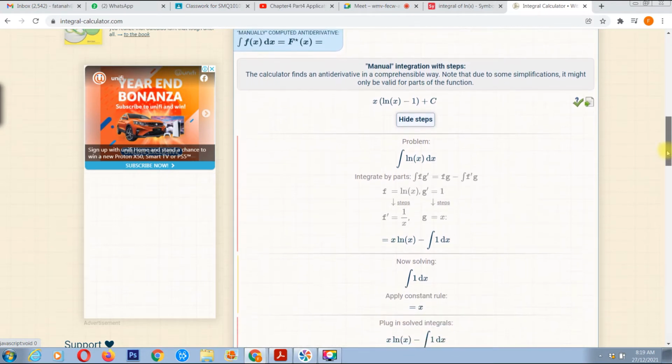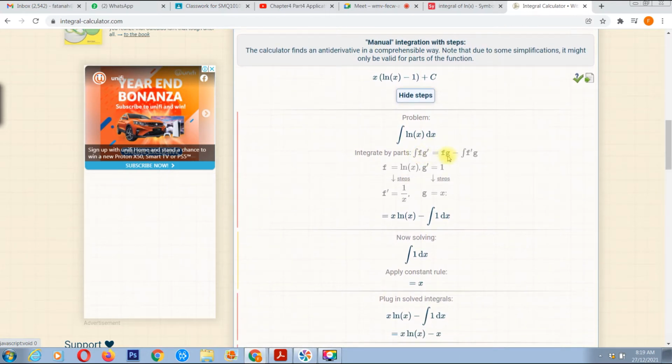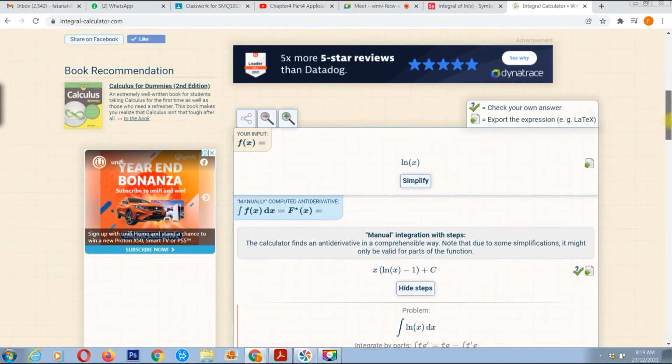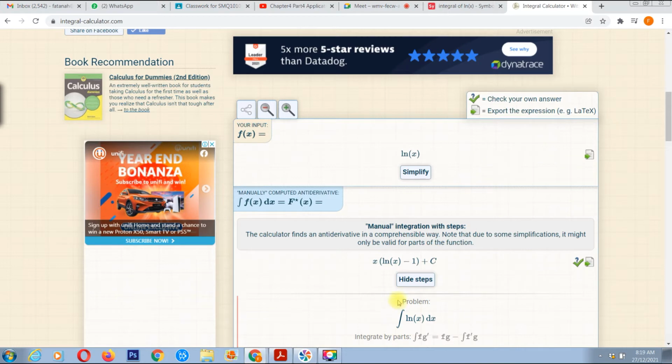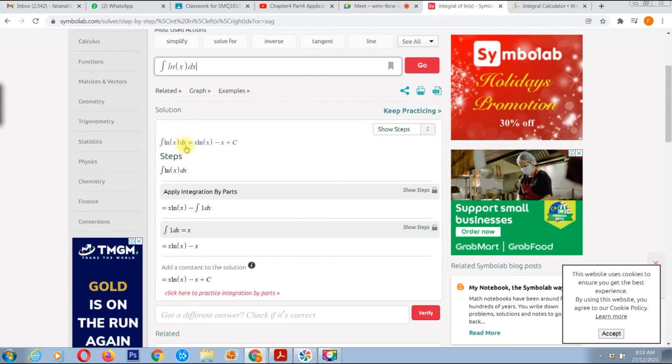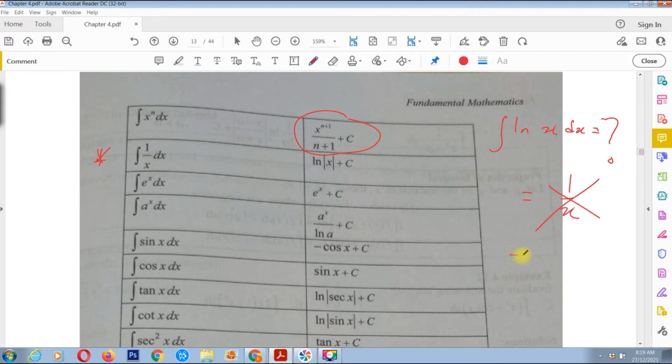Okay, by using integration by parts, the answer is x ln x minus x plus c.